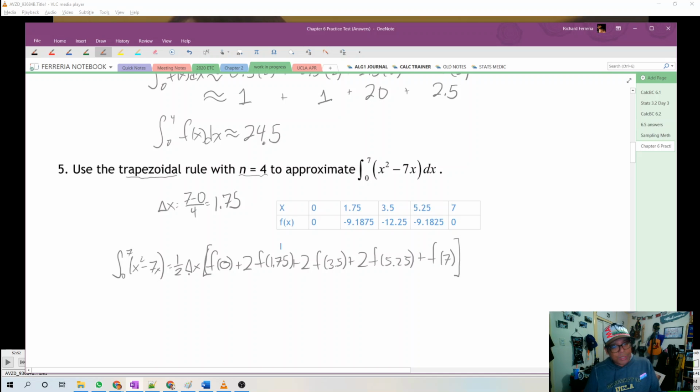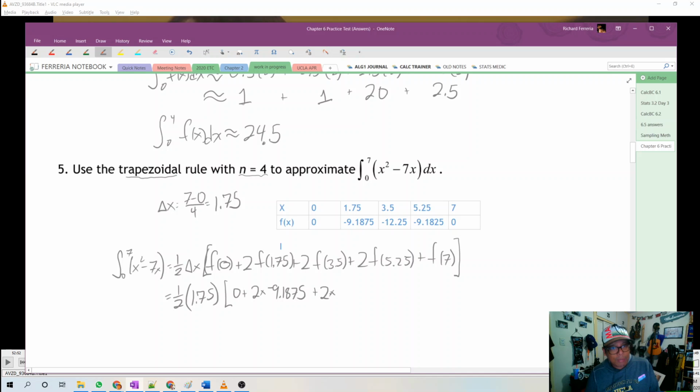Next thing you're going to do is, now that you have your tables of values, you can just substitute all of those values. Delta x is 1.75. F of 0 is 0. F of 1.75 is negative 9.1875.